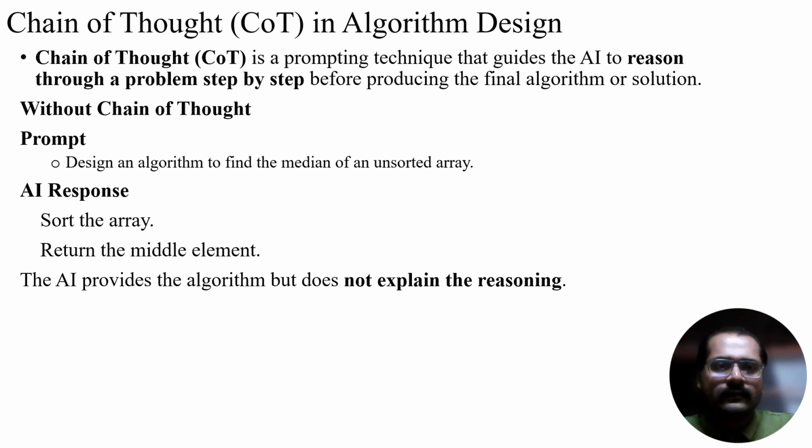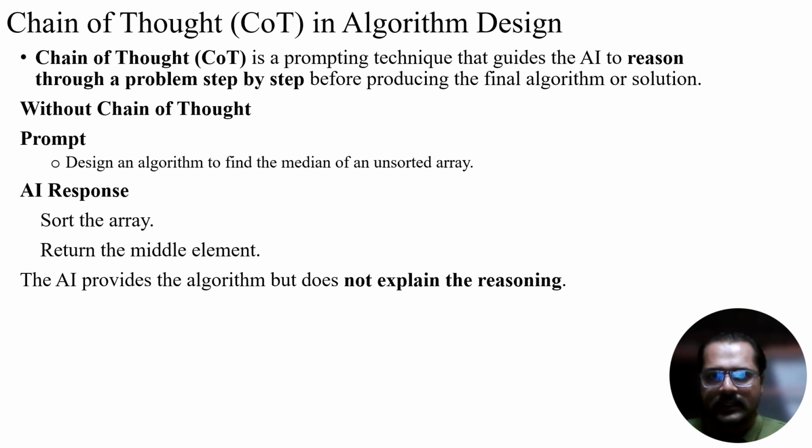Without chain of thought, this is the prompt: design an algorithm to find the median of an unsorted array. The AI response: sort the array, return the middle element. The AI provides the algorithm but does not explain the reasoning. The reasoning is very important, and also understanding the intent.